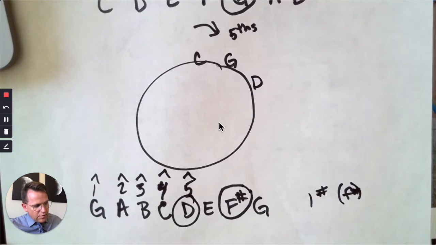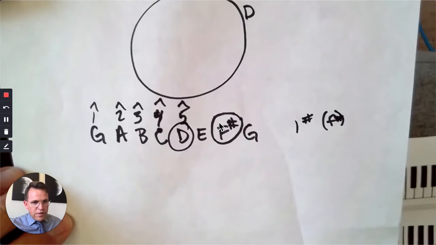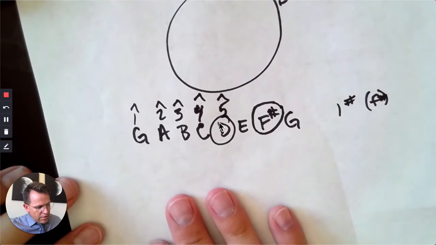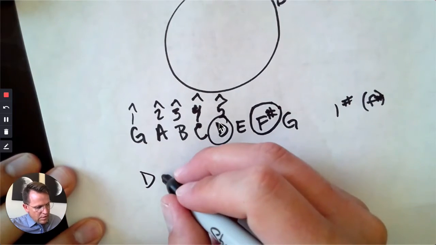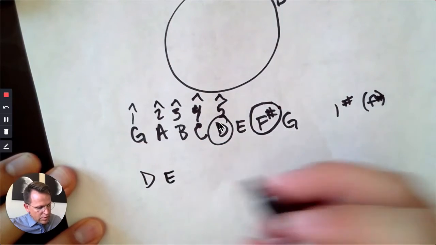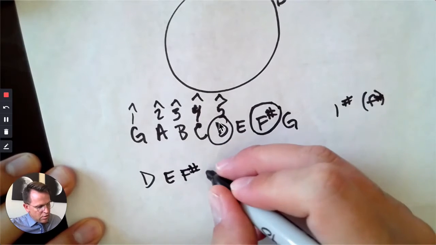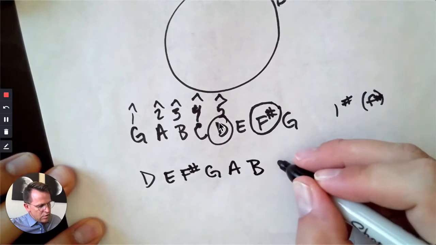Let's take a look at how D major looks in relationship to G major. So we'll just go right here underneath my last scale. I have D, E, I'm going to keep F sharp, G, A, B, C sharp, and D.